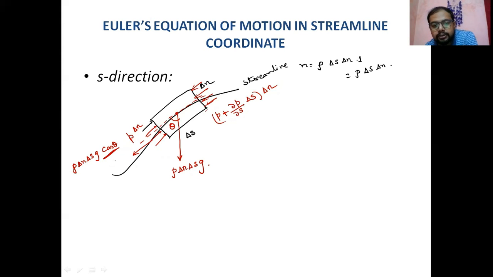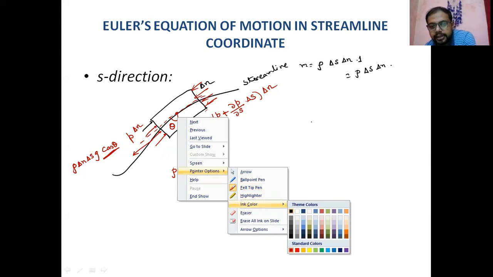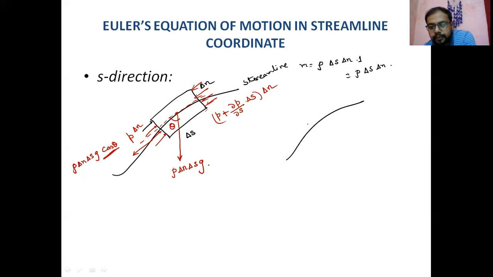To find out cos theta, we take again the same figure just for clarification. It was like this. This is del S, this is del N. This angle is given as theta. If you take it like this, this is also theta, just parallel.